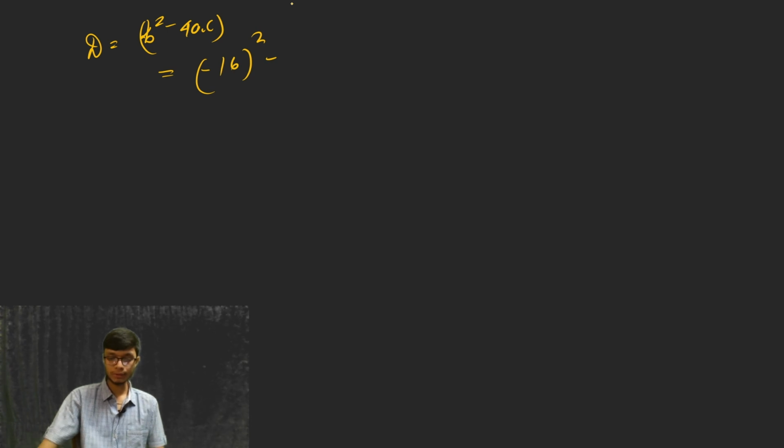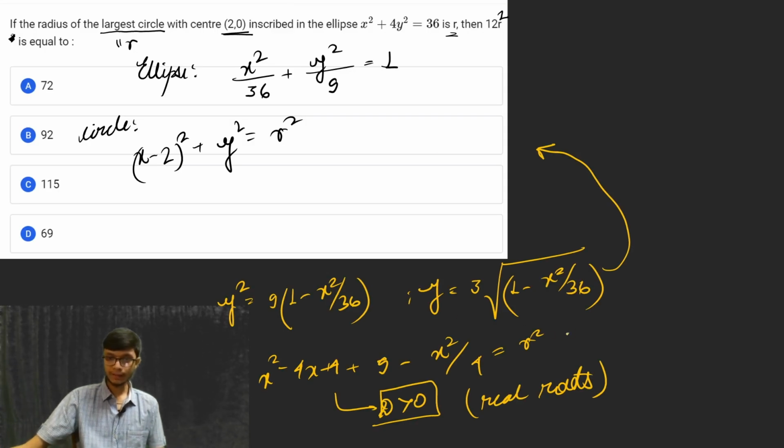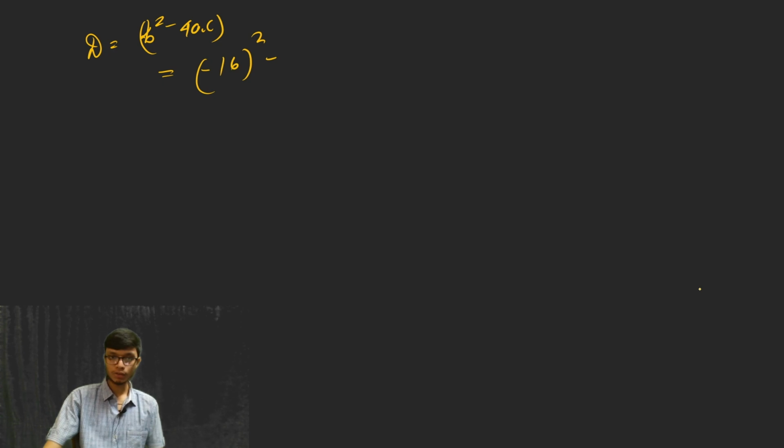I am doing it on my own, because if you write this quadratic, the equation will look like 3x square minus 16x plus 52 minus 4r square is equal to 0, since 4 minus 1 gives 3x square. So that's a quadratic. From here the discriminant value will be minus of 4 into a, which is 3, into 52 minus r square.